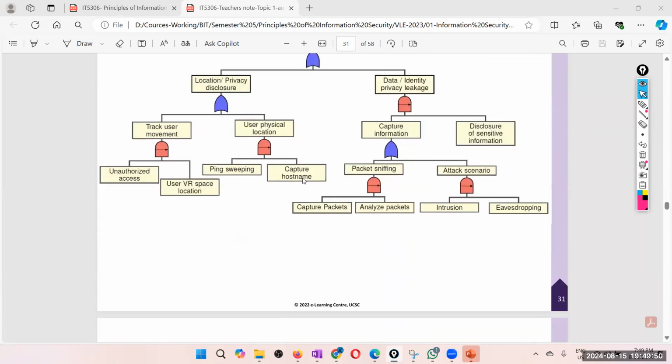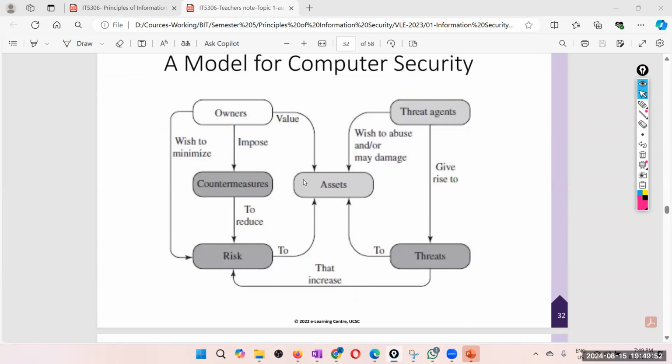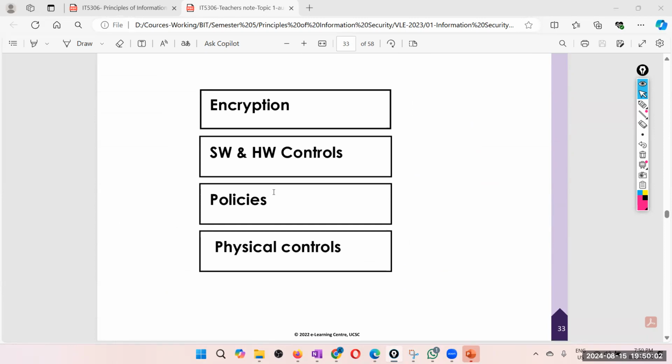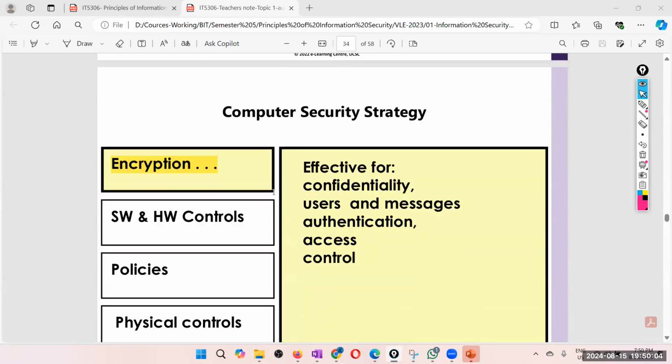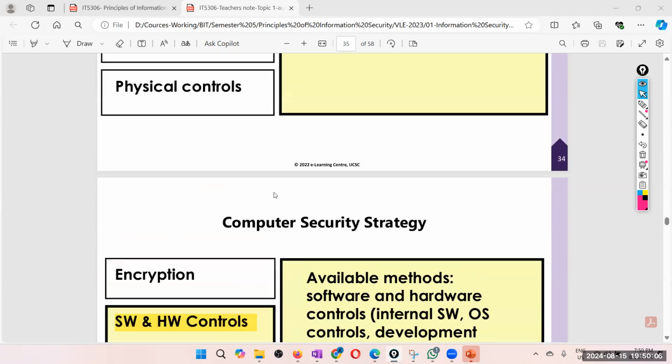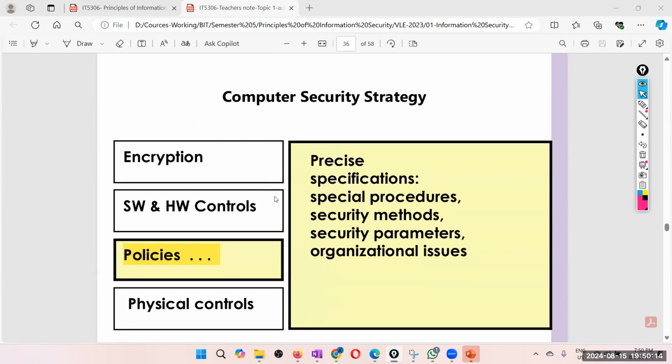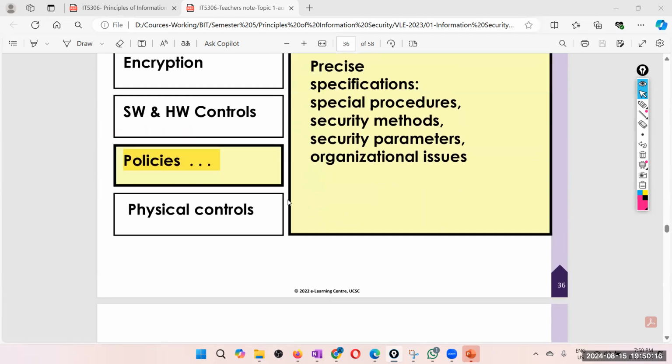And how to use the attack tree to analyze and fix the vulnerabilities. So technical aspects, human aspects, okay? Because we need both technical and human related things, like policies, procedures, even physical controls like locking your hardware resources.